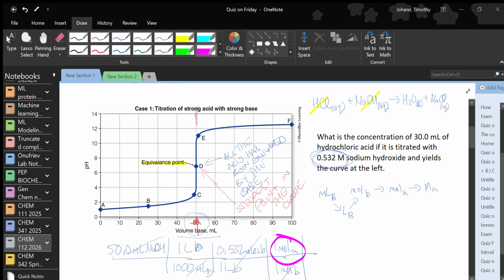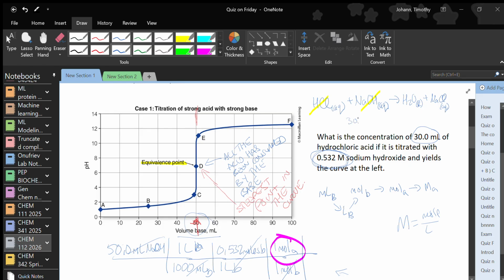All right, so a couple different ways we could do this. We could pop out moles and then divide it by volume, because we know that molarity is equal to moles divided by liters. Or we could just go ahead and put our volume down there. And I think that's what we're going to do. But we are going to want this milliliters to be in liters for that. So let's do that conversion.